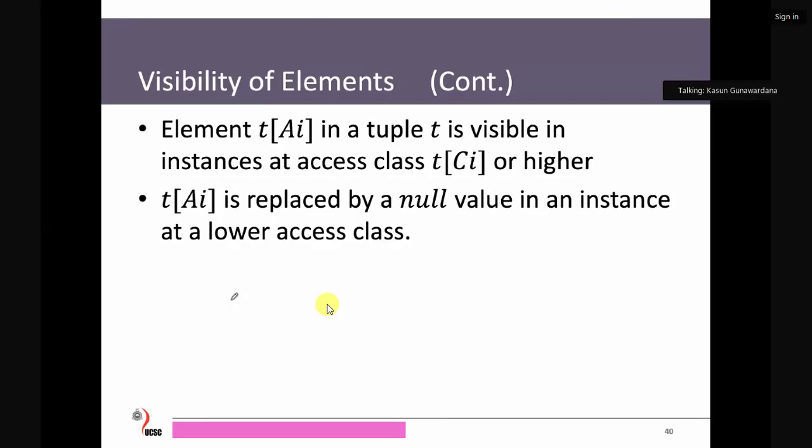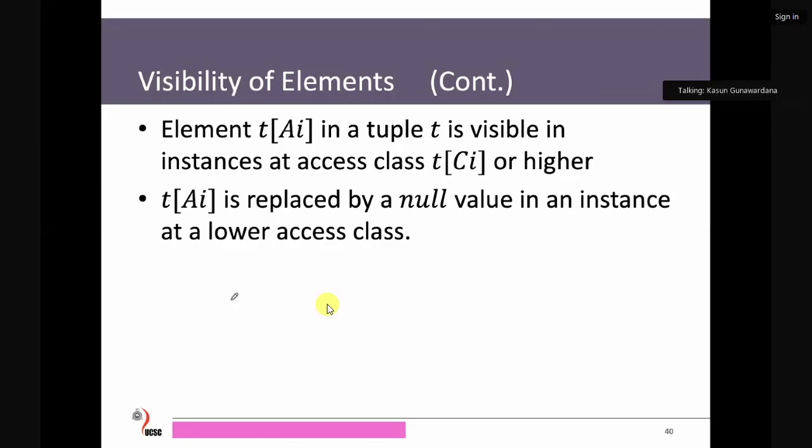If we take any tuple T and its attribute Ai, a particular attribute, it is visible in instances at the access class of the classification level of that attribute or higher, right?